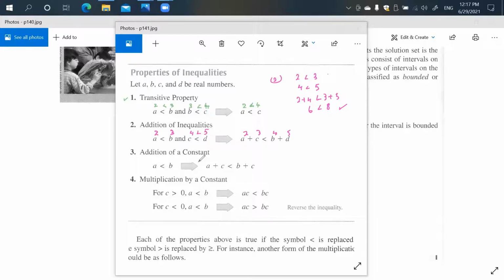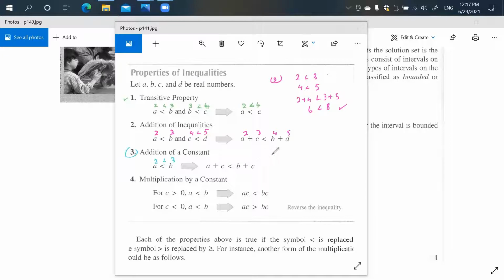Now addition of a constant, this one is even more clear, right? Plus a constant, really easy. For example, say A is 2 and B is 3, so 2 is less than 3.